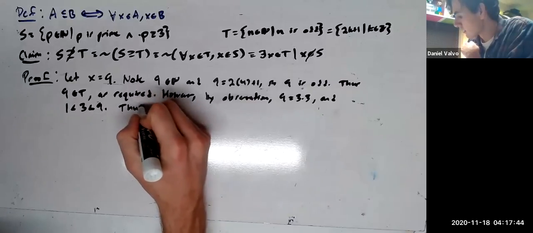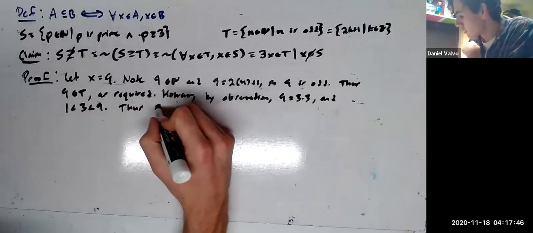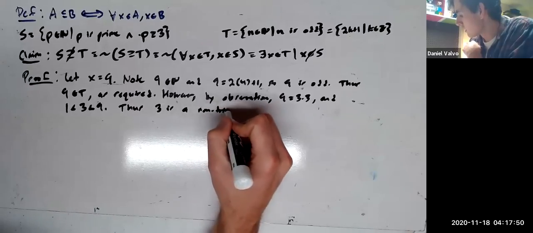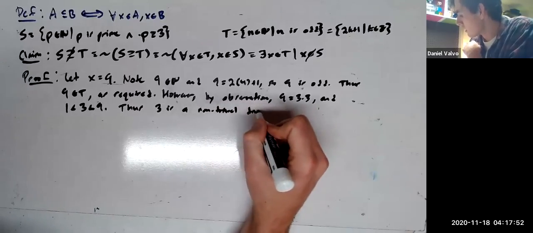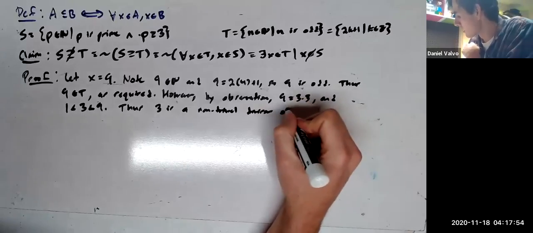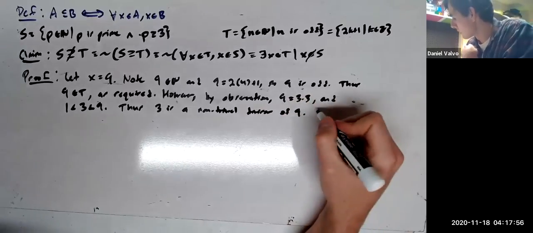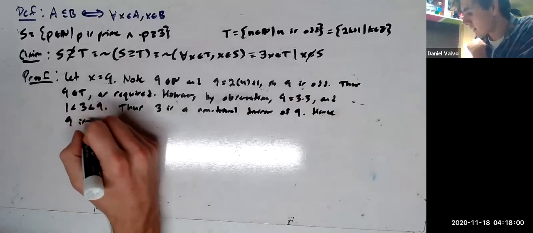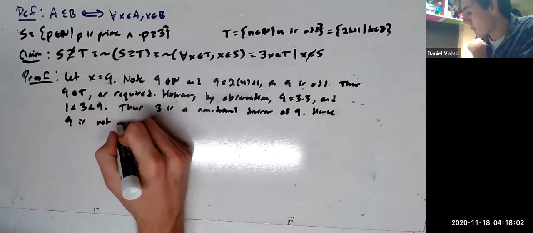Thus, 3 is a non-trivial divisor of 9. Hence, 9 is not prime.